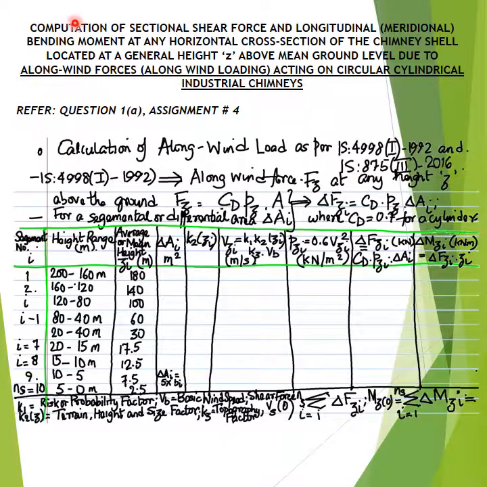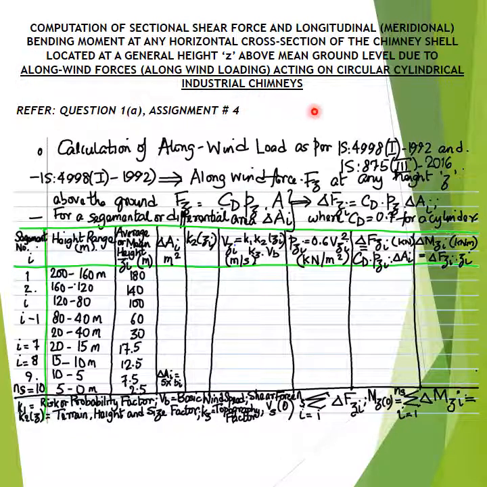Continuing our discussion on wind loading acting on industrial chimneys and the design wind loads that are to be considered in the structural analysis and structural design of the chimney shell in the industrial chimneys.